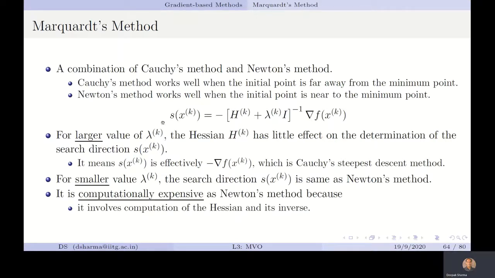Now this method is computationally expensive, as we have found with the Newton method, because we are finding the Hessian and finally making an inverse of this particular matrix. So this method is always computationally expensive.